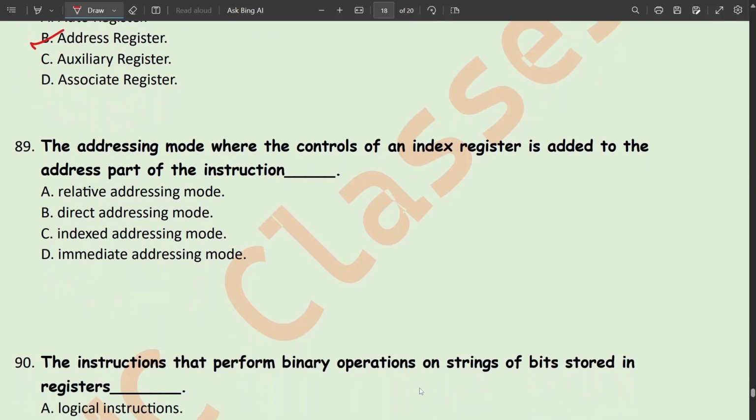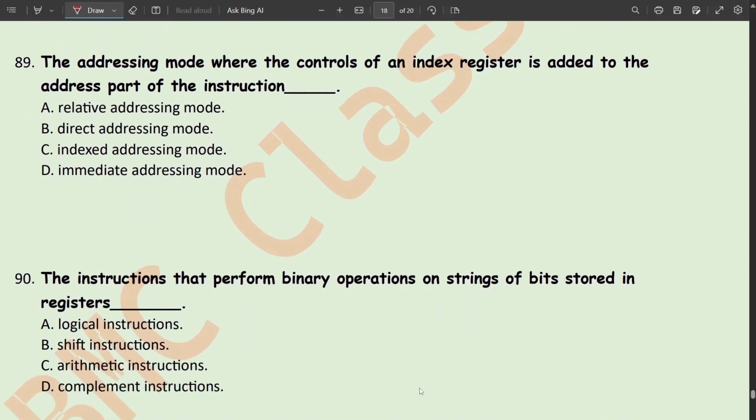Next, the addressing mode where the content of an index register is added to the address part of the instruction.